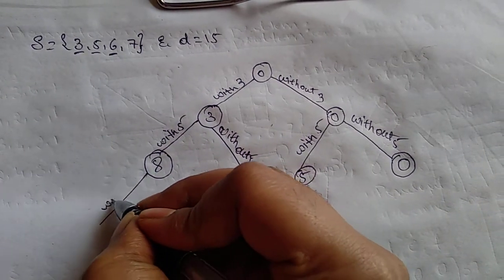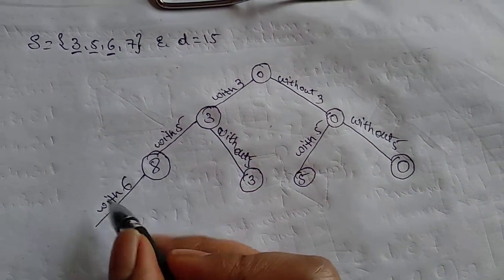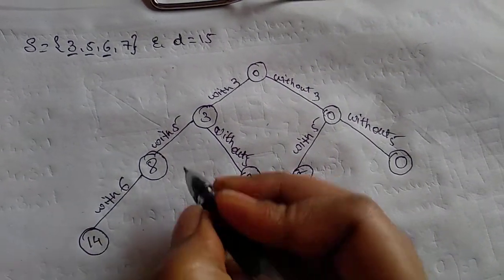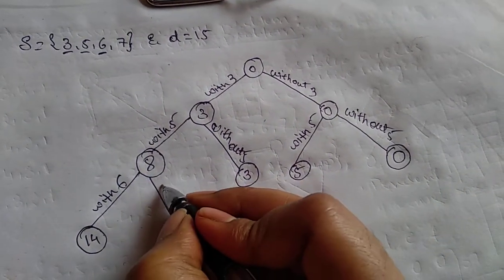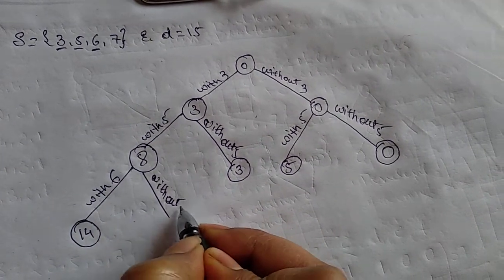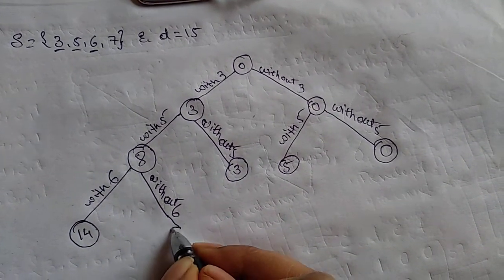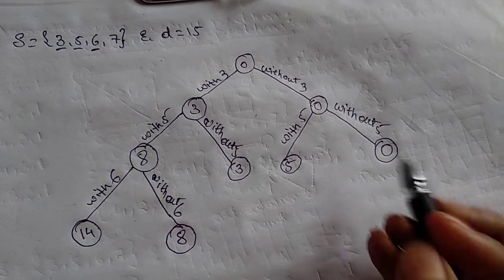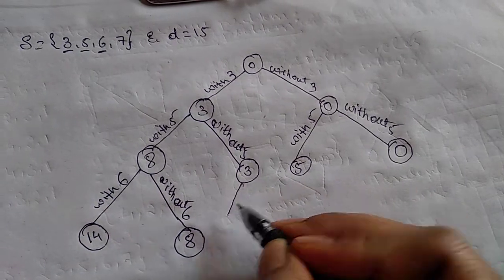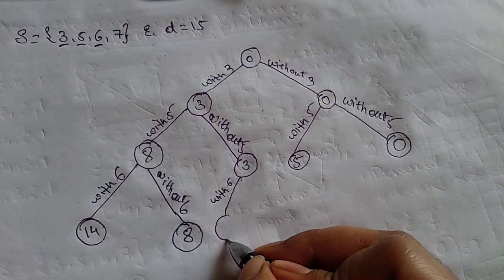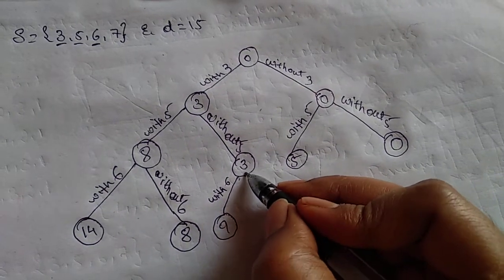See, with 6, 8 plus 6 is what? It is 14. Next, without 6, what will you get? I'm not adding anything, 8 remains as it is. Here with 6, 6 plus 3 is 9.